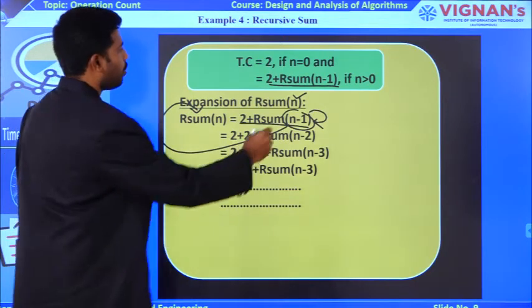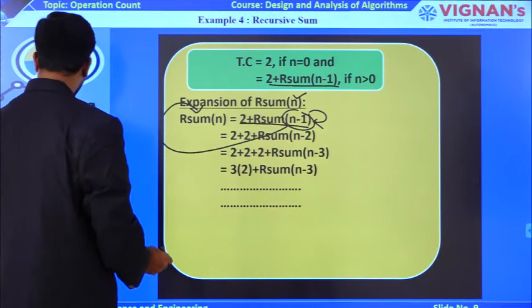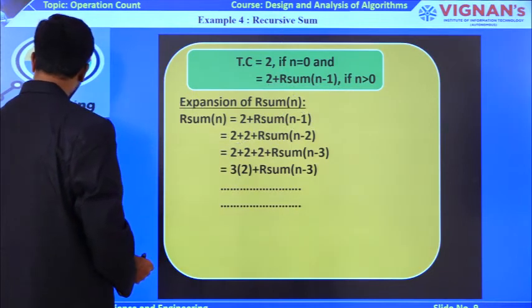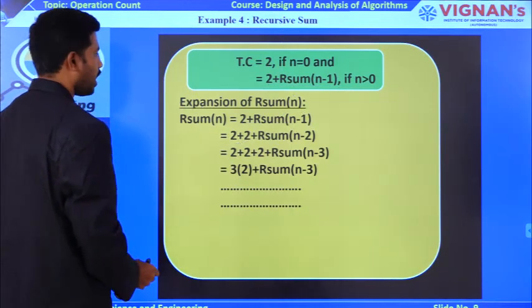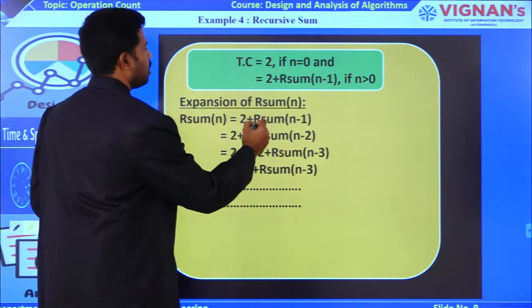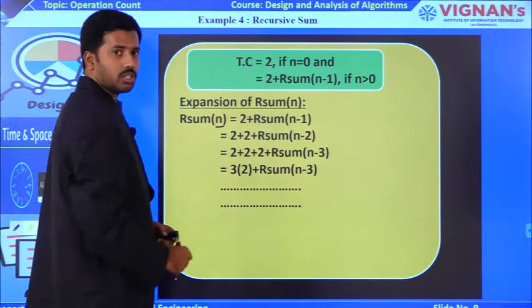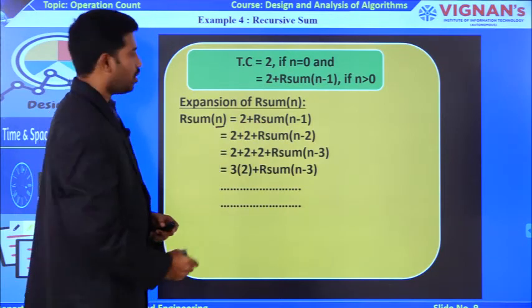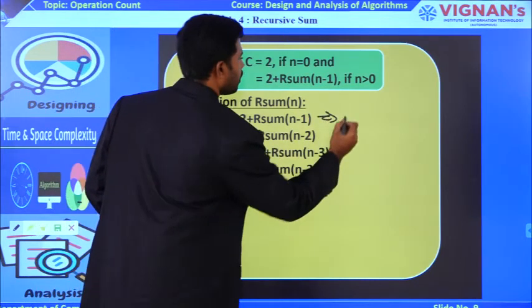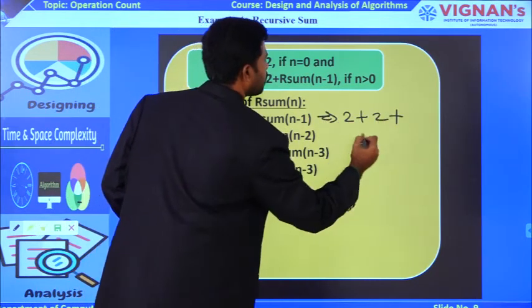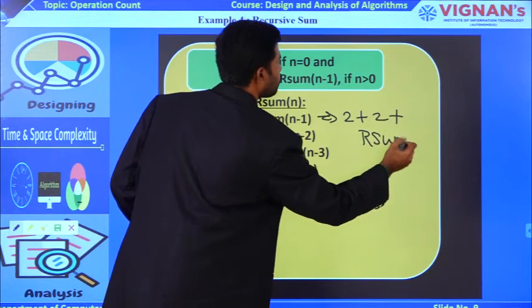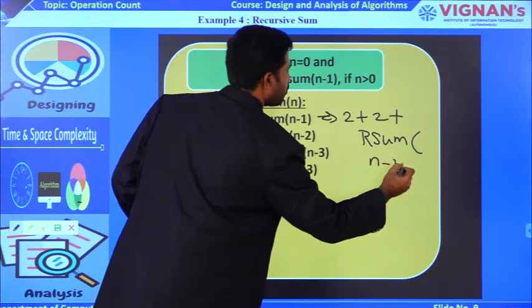If you call this RHS part for the second time, wherever you have n, you simply replace it with n minus 1. So this is going to be 2 plus recursive sum of n minus 1 minus 1.